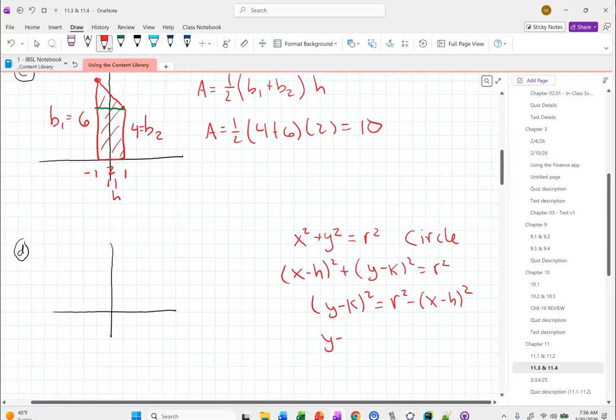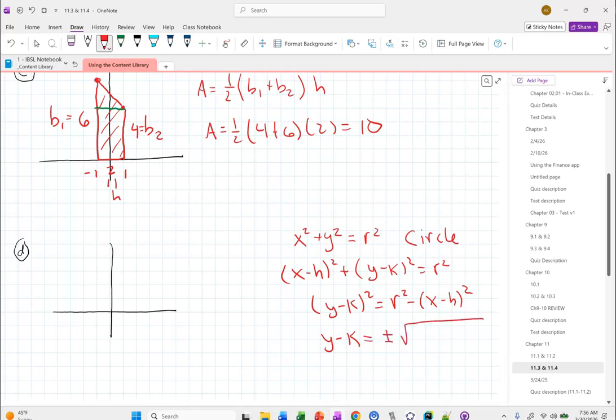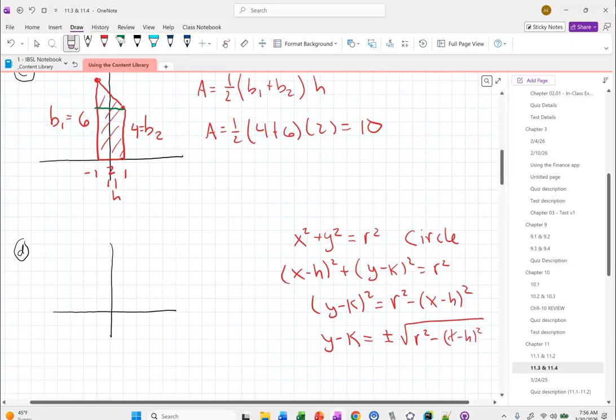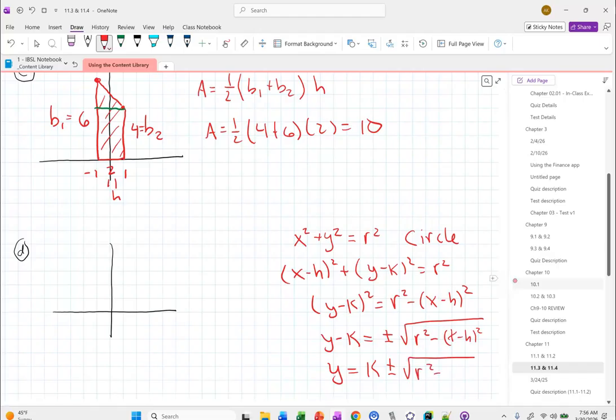And we square root both sides. And then we can add the k over. Okay, so this is all still representative of a circle.